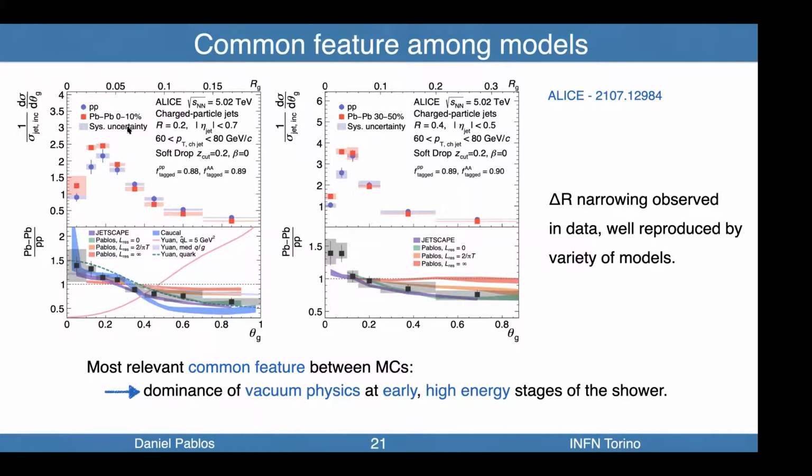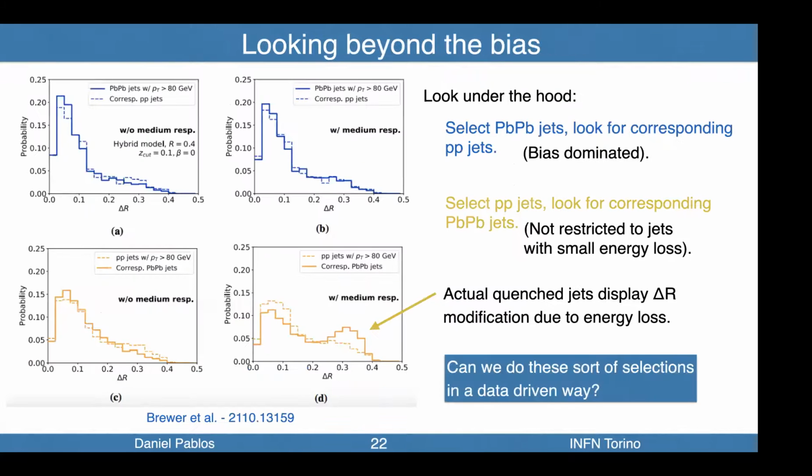Many of these models do have this feature. They do have a high energy early shower that is dominated by vacuum-like physics. So one can try to look beyond the bias, as was done in this recent analysis by Brewer and collaborators.